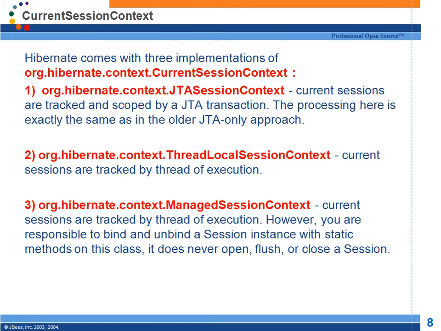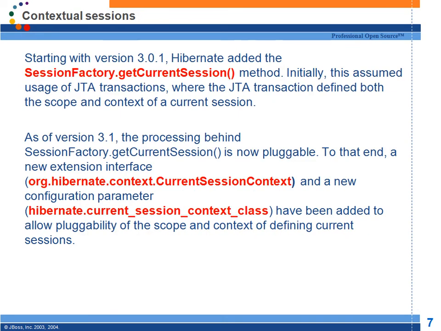If I configure the value as jta, it will be using JTASessionContext internally for managing the scope of the session. And there is a third value also for this parameter, managed. Managed means you can write your own way of managing the transaction, right?